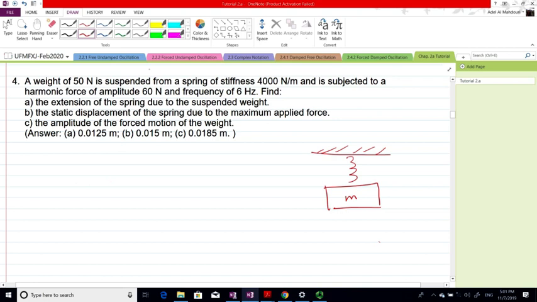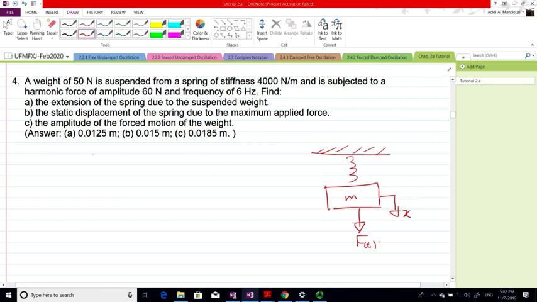Then it's suspended from a spring of stiffness 4,000 Newton per meter and is subjected to a harmonic force. So this one is going to move in this direction, and also there is a harmonic force, F of t, and its amplitude is 60 Newton.